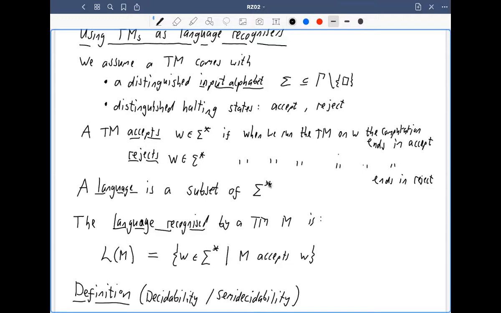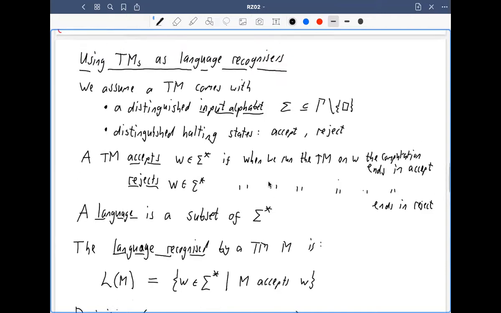So here we're interested in the question: give the machine a word, does it say accept or reject? Another way of looking at that is: give the machine a word. Does this word belong to the set of all words that we want to be accepted? And that set of words is a language, according to the mathematical terminology.